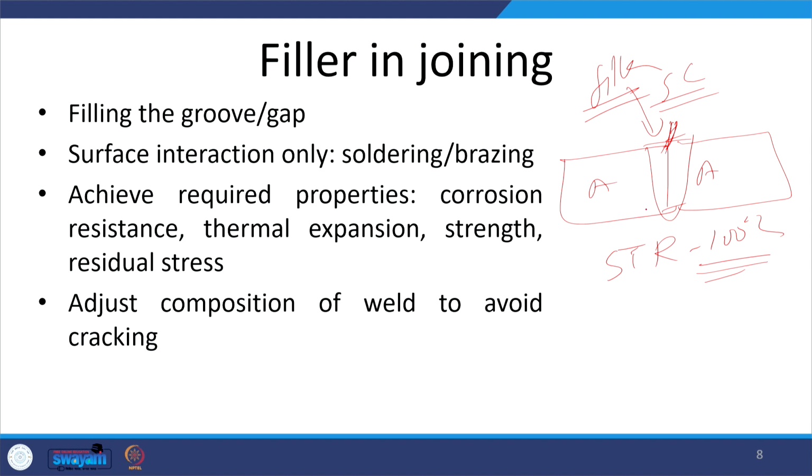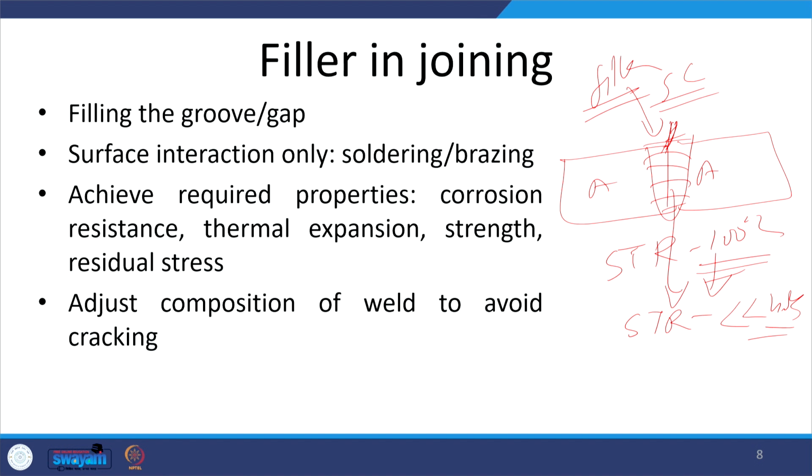So, we try to use the filler in such a way that the composition of the weld metal is adjusted so that the solidification temperature range is kept, say, below 40 degrees centigrade. The lower the solidification temperature range, the lesser the solidification cracking tendency. Solidification temperature range depends heavily on the composition.